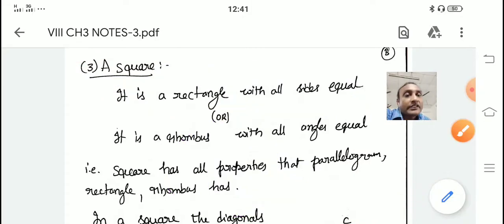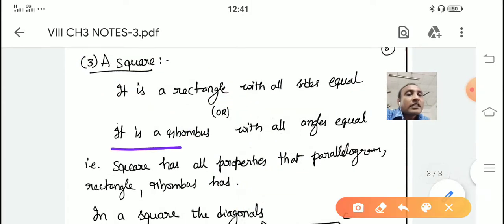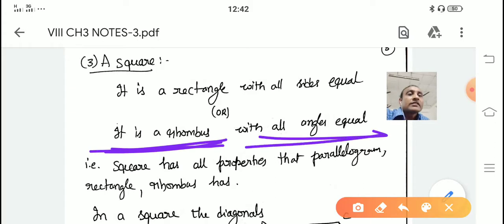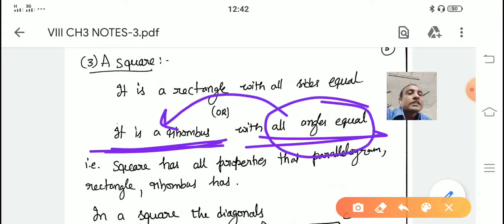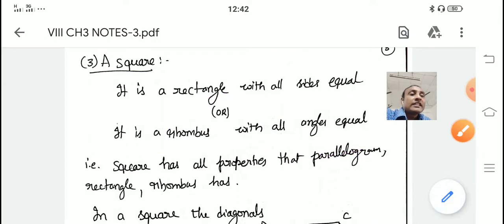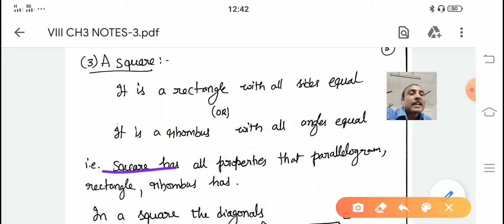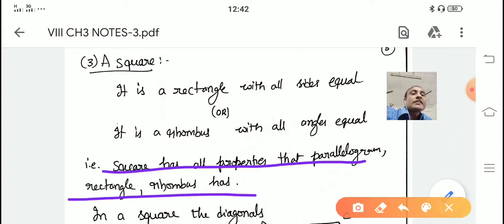Or else you define it as a rhombus with all angles equal. All angles equal is a rectangle property, add that to rhombus, you get the square. That means a square is a rhombus as well as a rectangle. That means a square will have all the properties of a parallelogram, rectangle and rhombus. That is square, right.